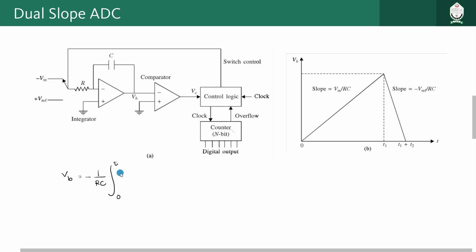For example, if we have Vin, we can say minus Vin dt, right? This is for the case where the switch is connected here. Maybe we can simplify that later on.